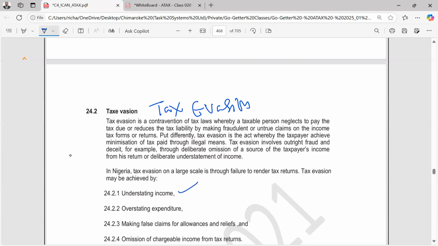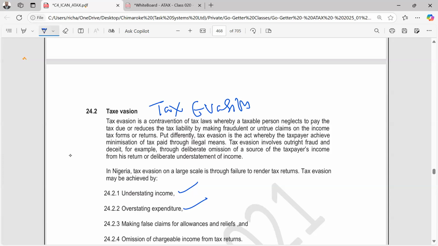Then overstating your expenditure. So just as you are understating your income so that you will not pay too much tax, you overstate expenditure. You inflate it. Some people will buy something for 2,000 naira and they will present it as 10,000 naira. That's overstating expenditure.